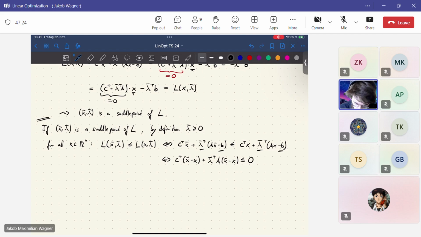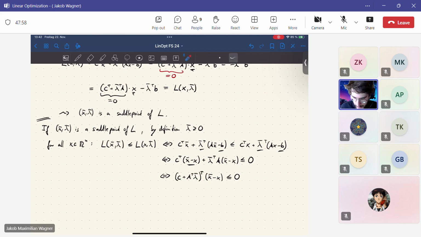And we can now factor out this x bar minus x term, and then we get that (C plus A transpose lambda bar) transpose (x bar minus x) should be less or equal than 0. Now, remember, our goal is to show the KKT conditions, and so the first condition in those is that C plus A transpose lambda bar is equal to 0.